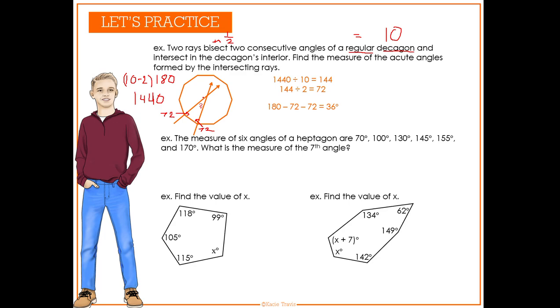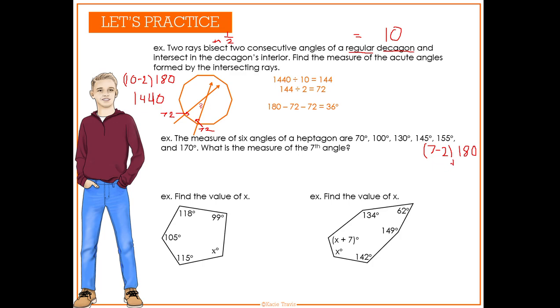It says 6 angles of a heptagon are 70, 100, 130, 145, 155, and 170. What is the measure of our seventh angle? So, first thing we have to do, we have to figure out what our total of the angles is. We have a heptagon, that is 7 sides. We do our formula, 7 minus 2 times 180.